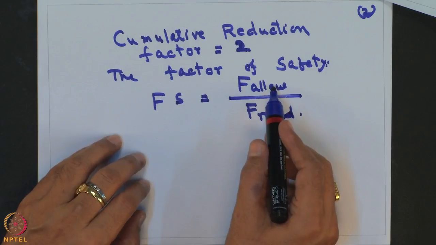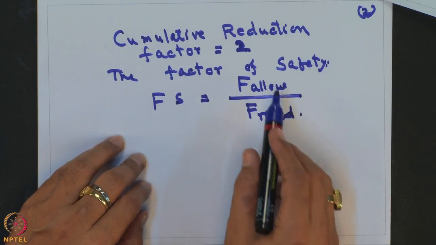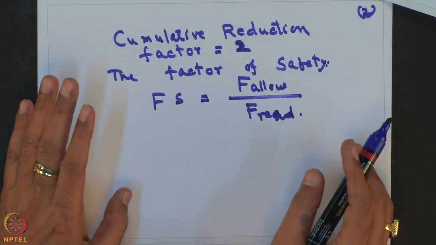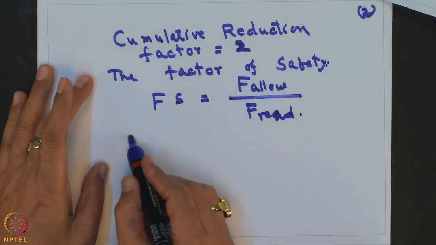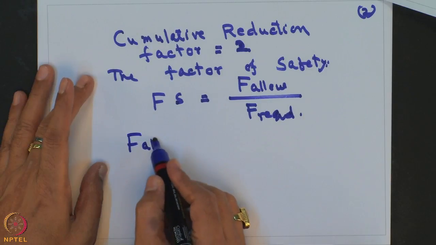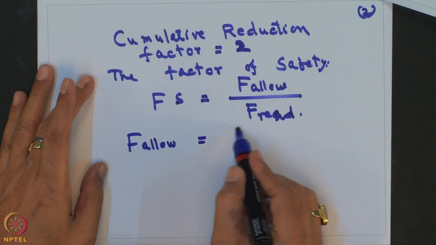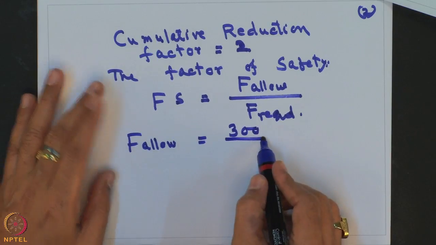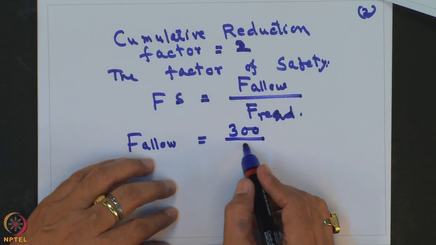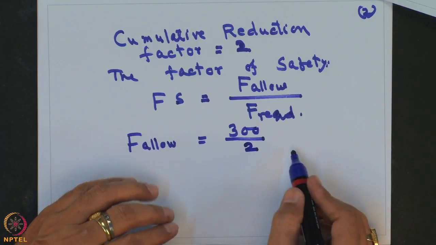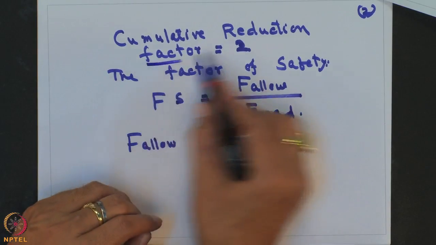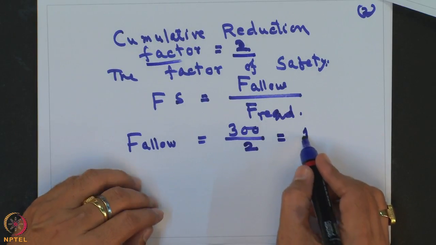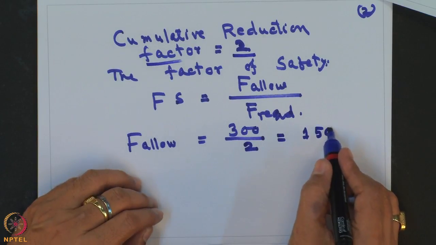In the problem it is given as 300 Newton. So, F allow will be equal to 300 divided by 2, because the reduction factor is 2. So, this F allow will be 150.